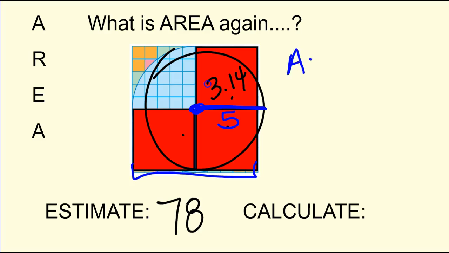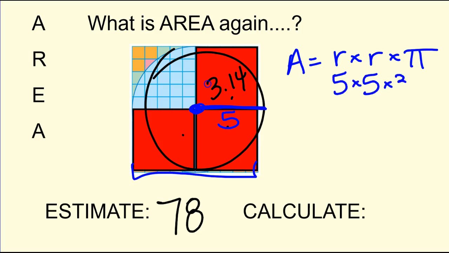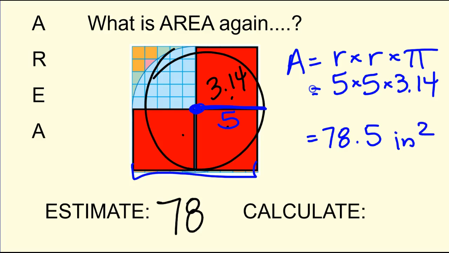So if I want to find the area, radius times pi, 5 times 5 times 3.14, calculate that, and I get 78.5. And then whatever units squared, so if this was like inches, I get square inches. So notice we were pretty close.